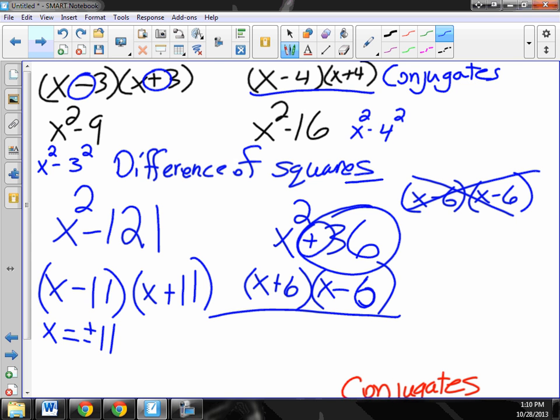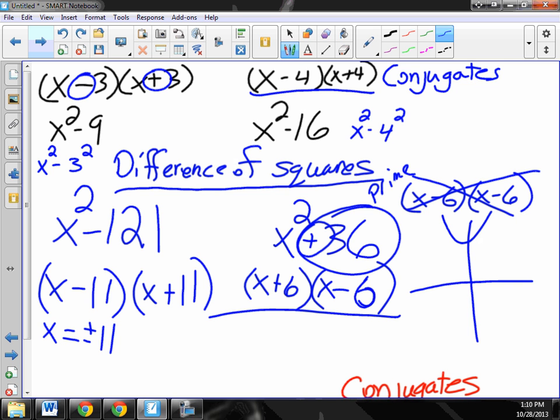Is this a difference of two squares? It's the sum of two squares. That subtraction is important. If it's a plus, even if they're both perfect squares, it will never factor. So this one is prime, and in this case, we have a parabola that misses the x-axis.